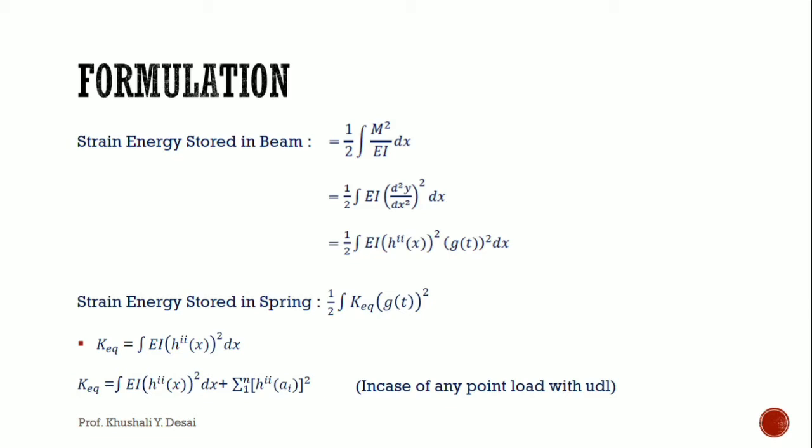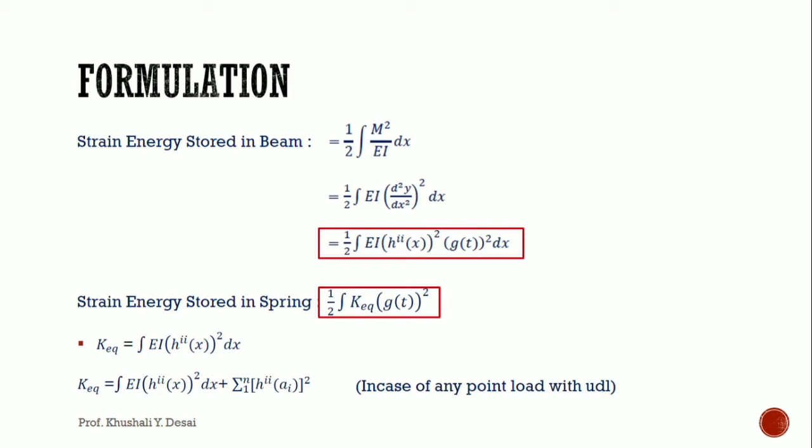Substituting that value, we'll have the equation of strain energy stored in the beam as half integral EI h double dot x the whole square into g of t square dx. Here, because differentiation is with respect to x, you'll only differentiate h and not g of t. Similarly, strain energy stored in the spring is given as half k equivalent g of t the whole square.